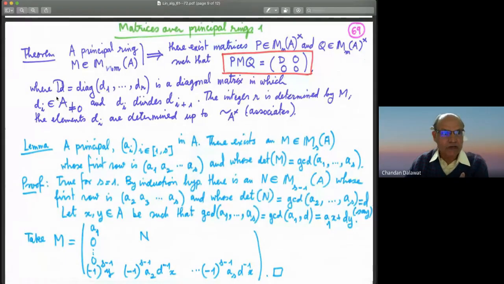It's a diagonal matrix. D is the diagonal matrix D1 to DR, in which these Di are non-zero. They're not necessarily equal to 1, but at least they're non-zero, and each one divides the next one. That's the best you can do. That's the best you can hope for when you have a principal ring which is not a field. Let me repeat, because it's the statement which is important.